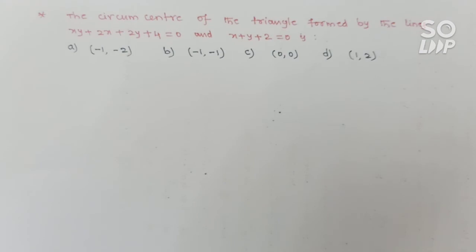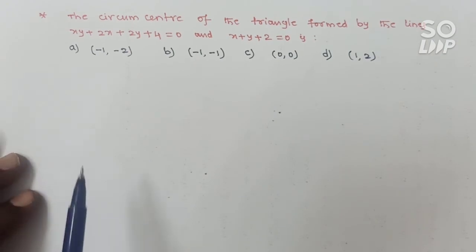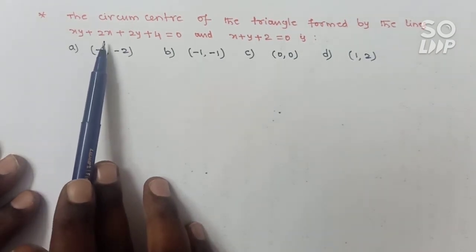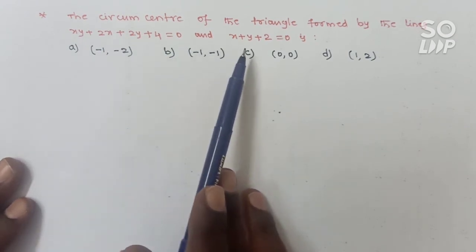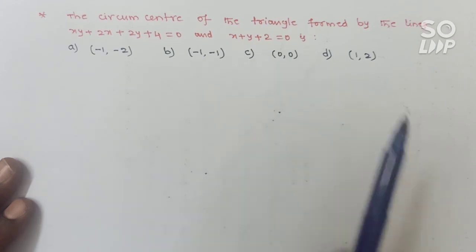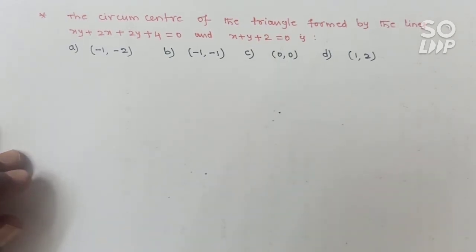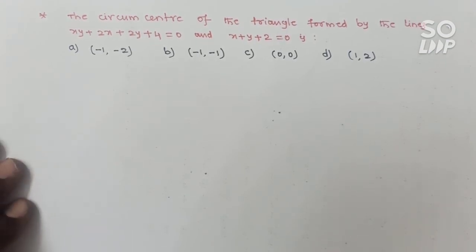See this problem. Circumcenter of the triangle formed by xy plus 2x plus 2y plus 4 is equal to 0 and x plus y plus 2 is equal to 0. Now first, everybody understand how to find the circumcenter, not only the circumcenter.